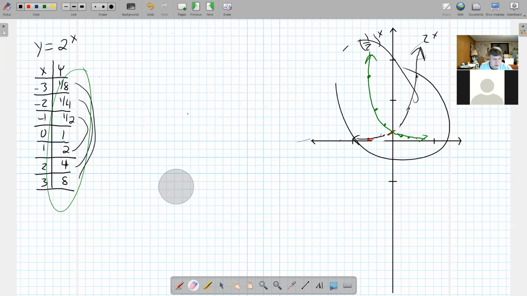And let's see here. Let's go back and use red again. Let's look at y equals 1 to the x. Okay, let's see what that looks like.